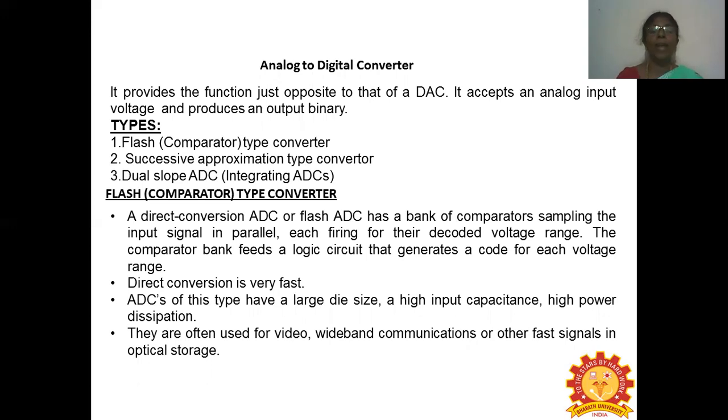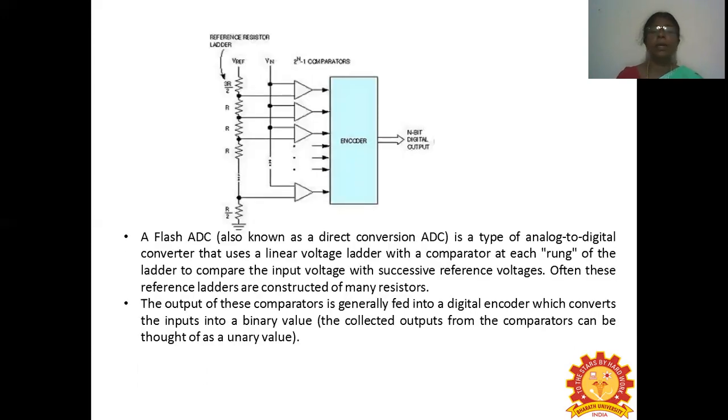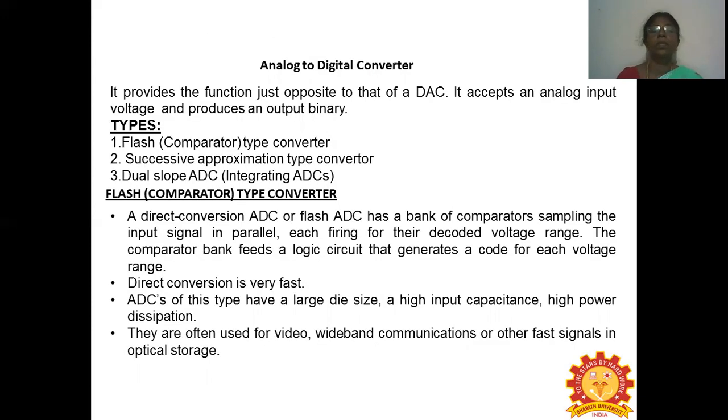First one, the flash type converter. This is the circuit diagram of the flash type A to D converter. This method is a direct conversion analog to digital conversion method, or flash ADC. This circuit has a bank of comparators that sample the input signal in parallel.